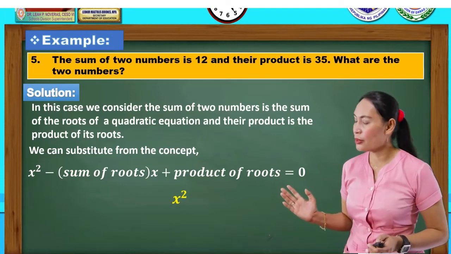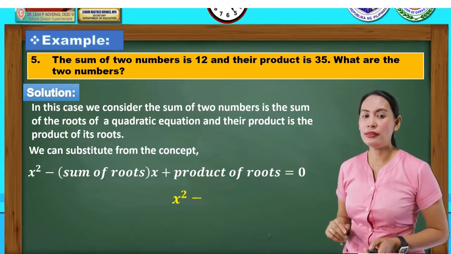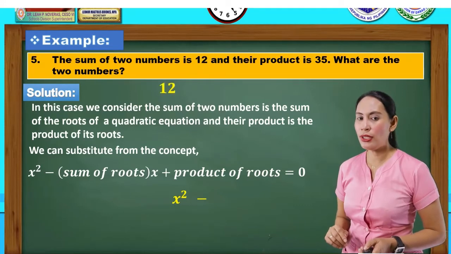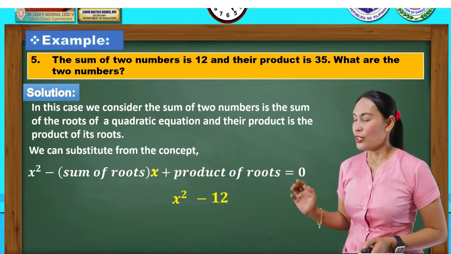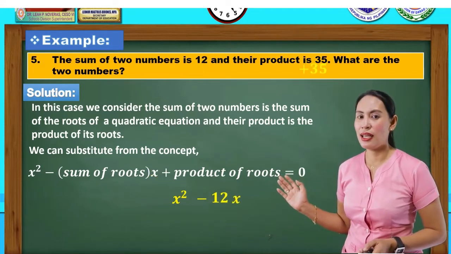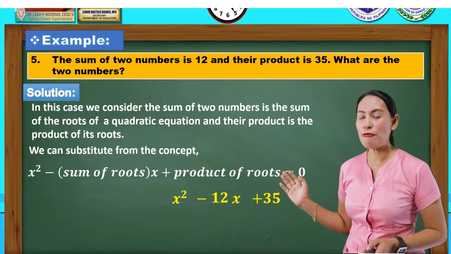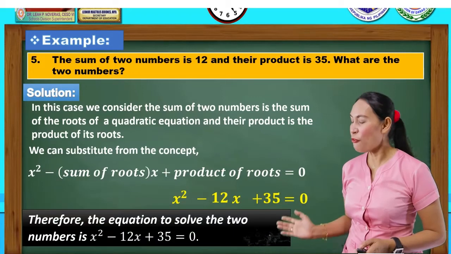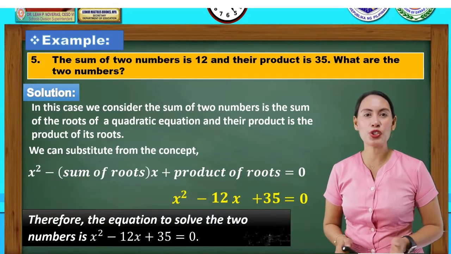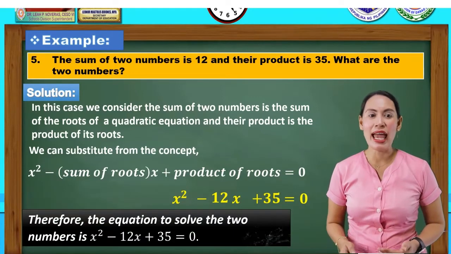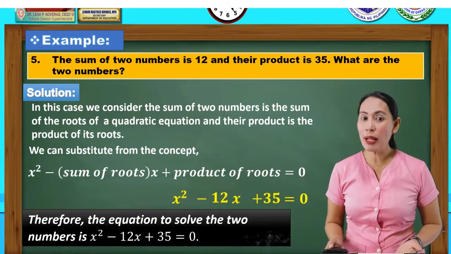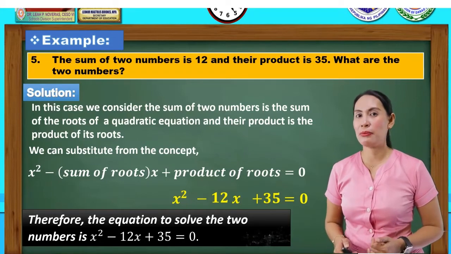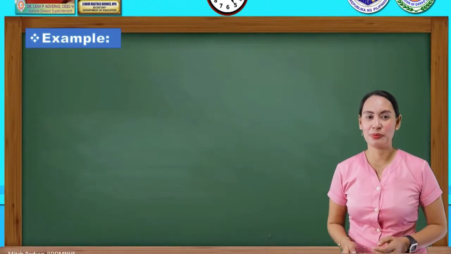So we have x squared minus 12x plus 35 equals 0. Therefore, the equation to solve the two numbers is x squared minus 12x plus 35 equals 0.